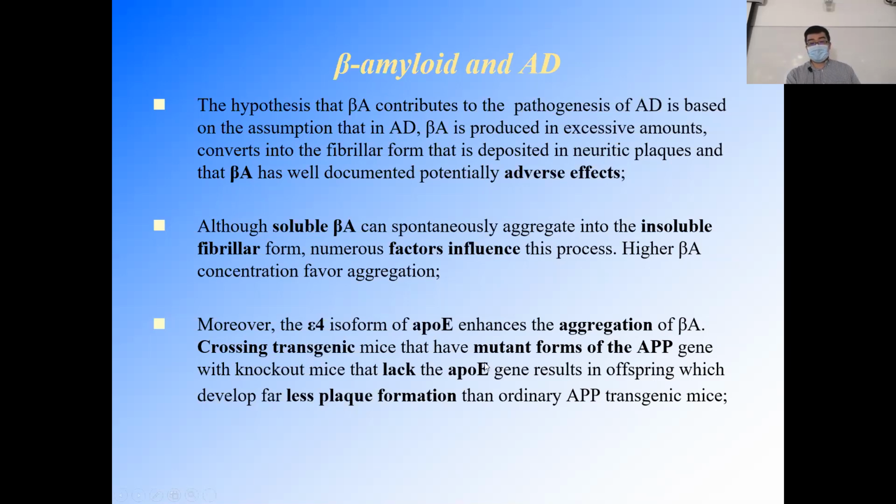If the mice are lacking the ApoE gene, the offspring will have less plaque formation. ApoE actually helps in lipid metabolism. Okay, so that's the reason why lipid metabolism is believed also to contribute to the disease. Okay.